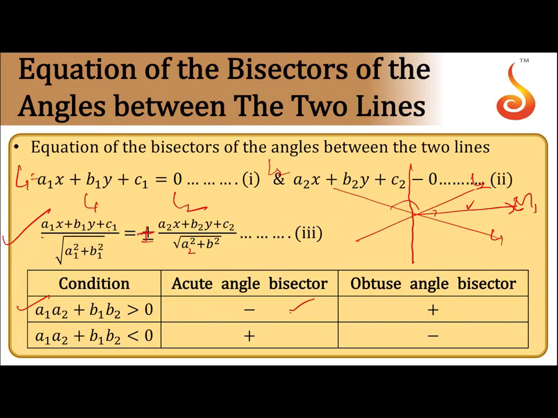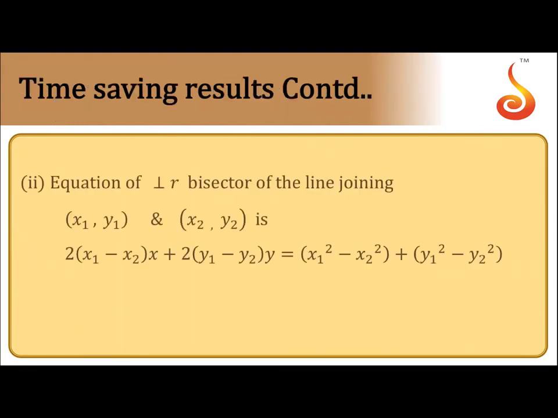Or else, whichever sign you take, one line M1 and another line L2, calculate the angle between them using the tan theta formula; if this is less than 1, that is the acute angle bisector. Otherwise, M2 will be the acute angle bisector.